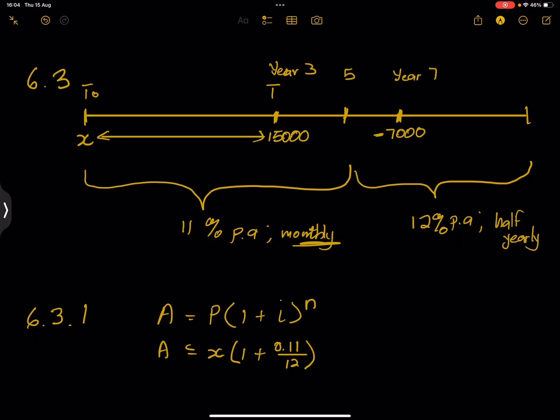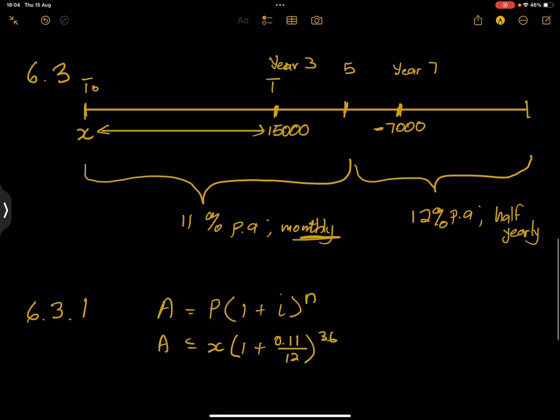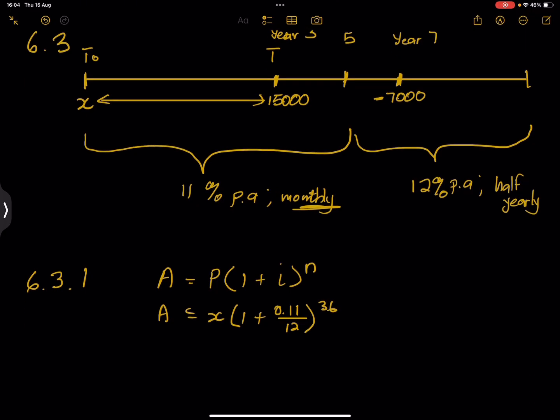And how many months do we have in 3 years' time? That would be 3 times 12, which gives us 36. So that's how we would find out how much money was there during that time. So that's the expression that we have.